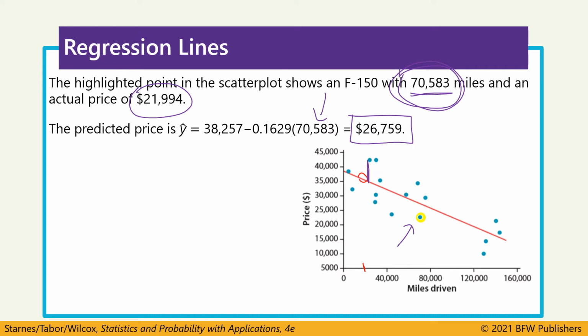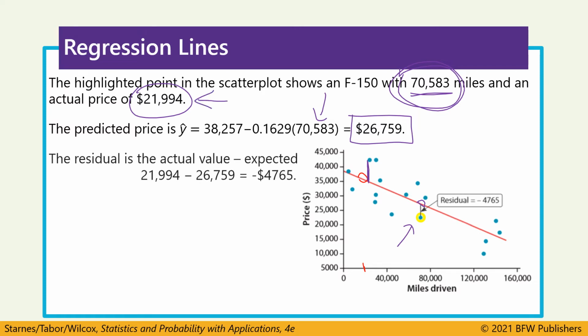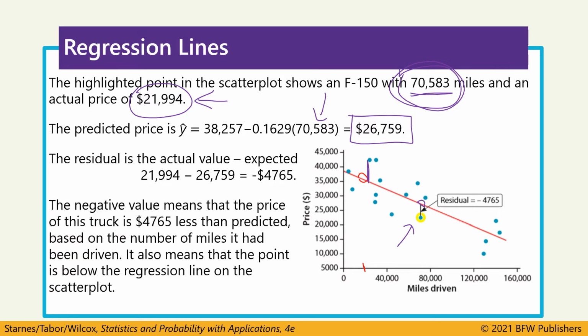That would be the value given by the line of best fit. In actuality, it only costs a little under $22,000. The residual is the actual value minus the expected value, negative $4,765. A negative residual tells us that this price cost less than predicted by the line of best fit.